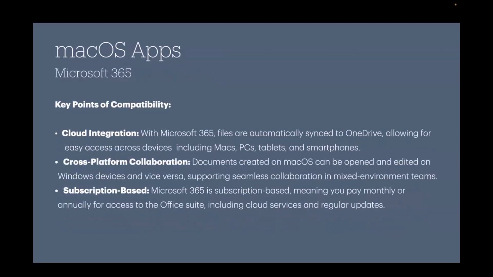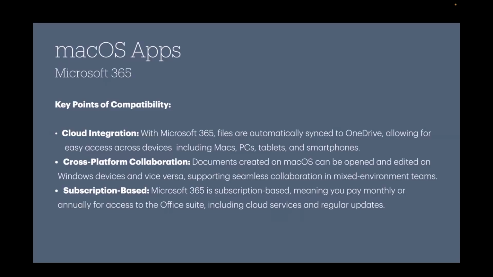It also has cloud integration with Microsoft 365. Files are automatically synced with OneDrive, making easy access across devices, including Macs, PCs, tablets, and smartphones. It also has cross-platform collaboration. Documents created on macOS can be opened in Windows devices and vice versa, supporting seamless collaboration in mixed environments.